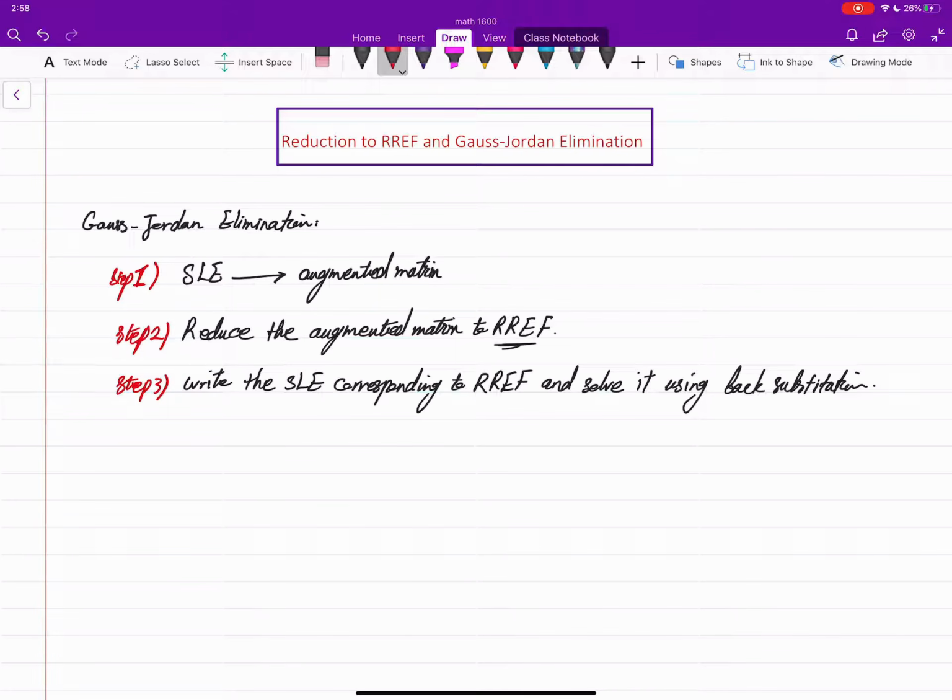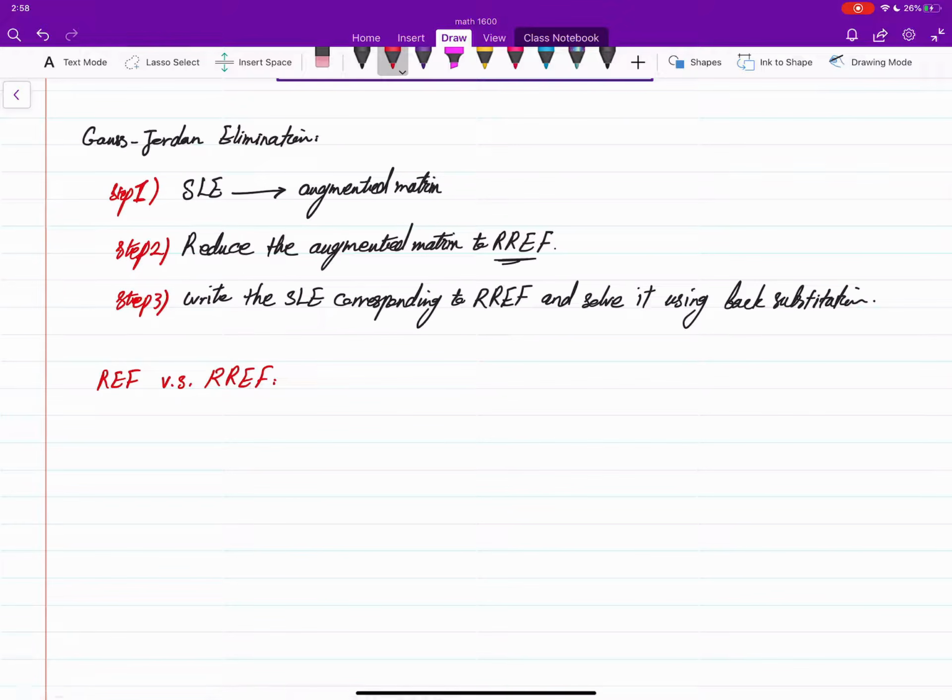Now let us quickly review what the differences are between REF versus RREF. Okay, so the first thing is that the leading entries are 1.